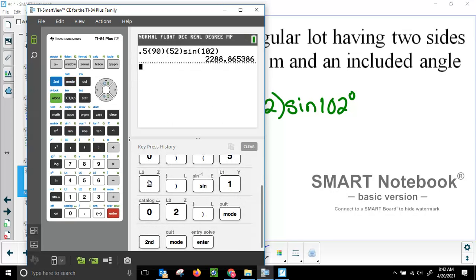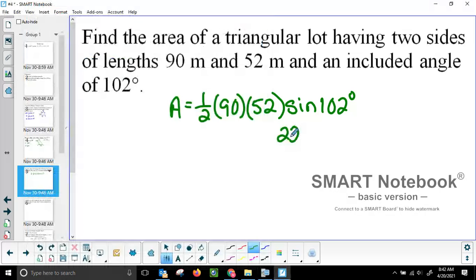So 2,288.865 meters. And bada bing. So whenever you're given two sides and the included angle, area, very easy.